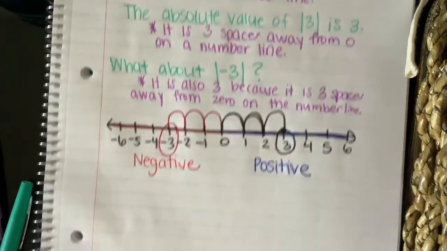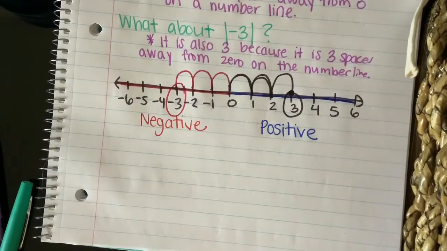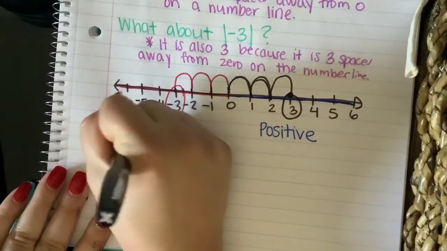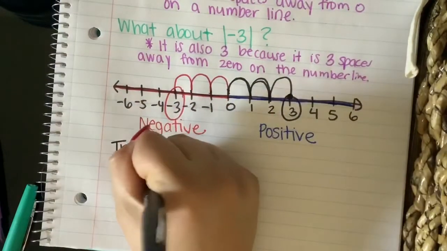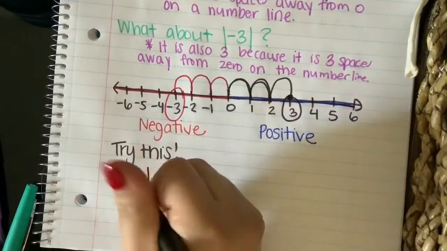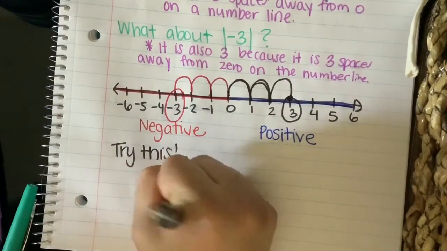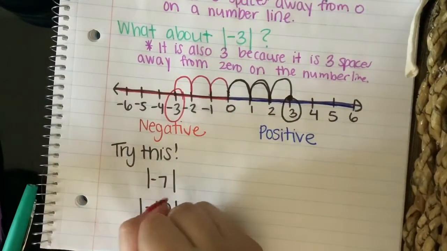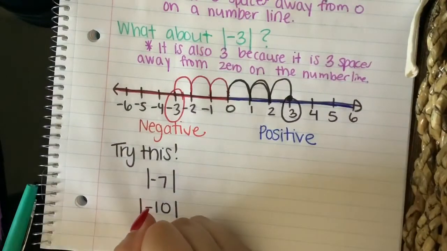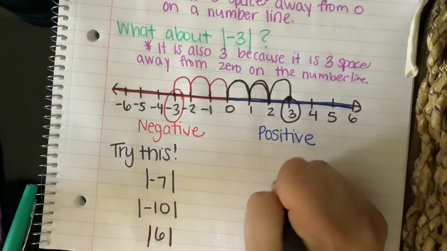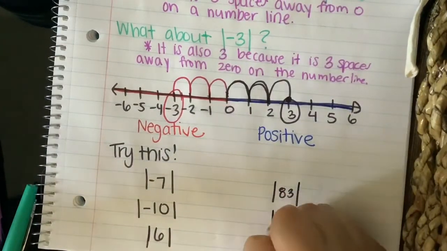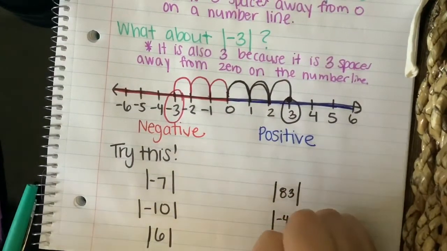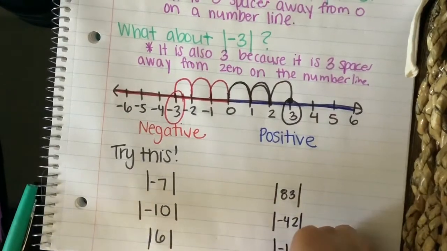Let's take a look at some practice problems here. The absolute value of -7, the absolute value of -10, the absolute value of 6, the absolute value of 83, the absolute value of -42, and the absolute value of -1.